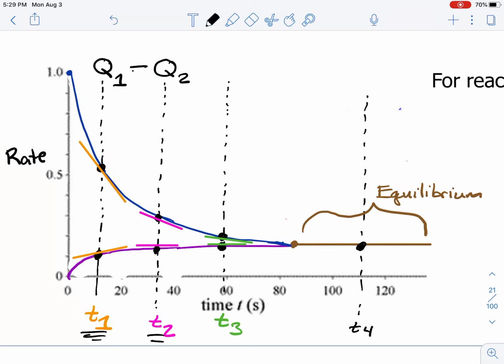The value is not going to be the same as Q1, the reaction quotient at time 1. And if we apply this logic to T3, or time 3, once again notice that the slope of those two lines is different than the slope of these two lines and these two lines. And so if we take a ratio of those two activities, the value for Q3, the reaction quotient at time 3, is once again going to be different than Q1 and Q2.